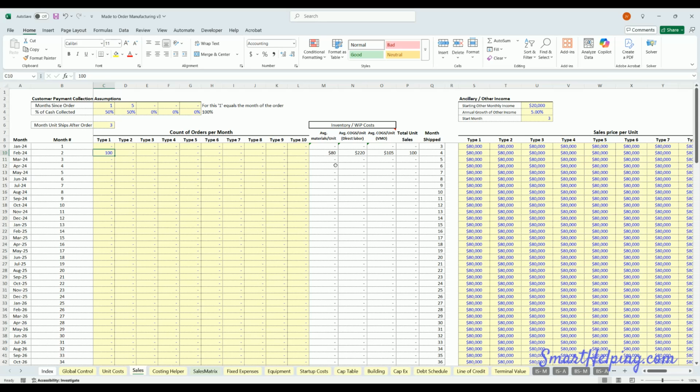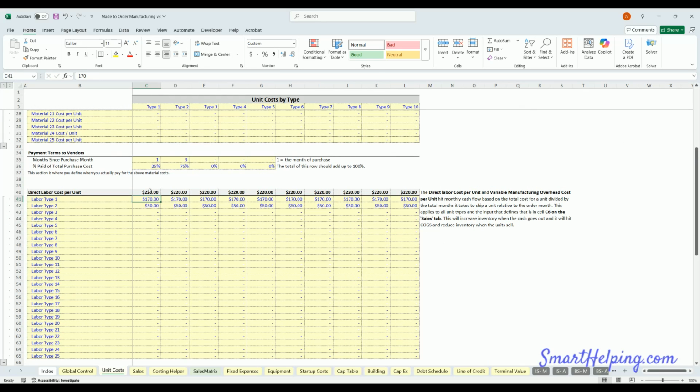Then we also have the variable manufacturing overhead, which is $105 a unit weighted average cost. We're doing the units ordered weighted against the cost per unit here to figure out, for every monthly cohort, what your weighted average cost per unit is.